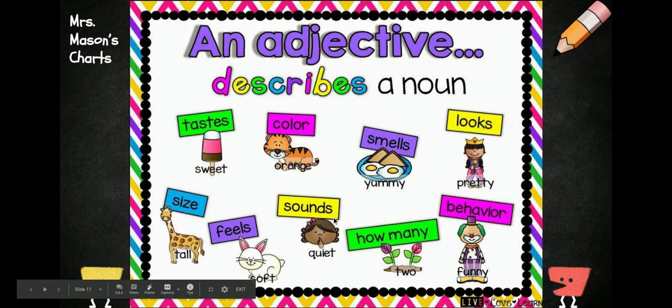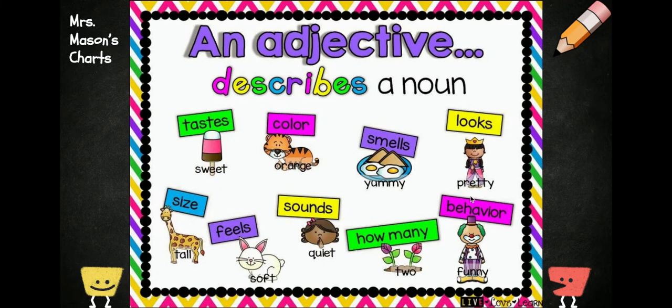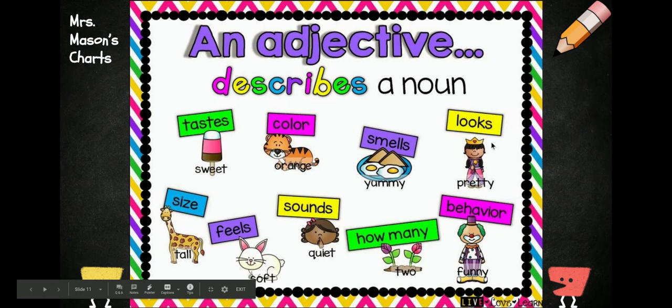You could describe the sounds, like this girl is quiet. Or how many there are, like these two flowers. Or overall, you can describe their behavior, like this clown that I'm sure is really funny. All of these are examples of adjectives because they describe these nouns.